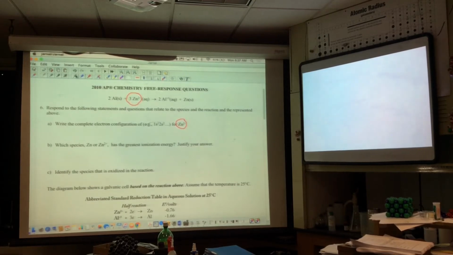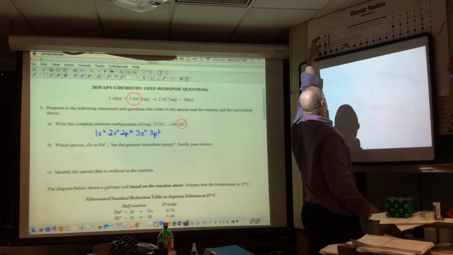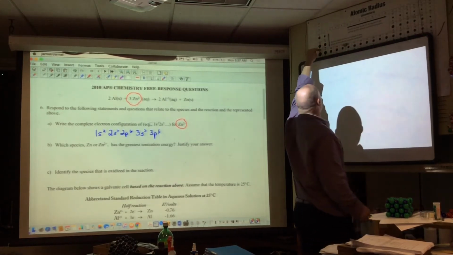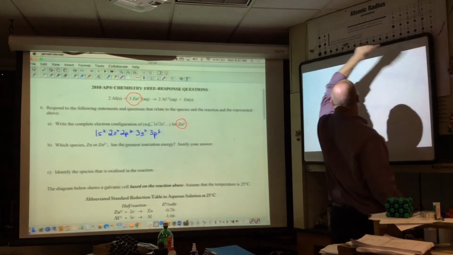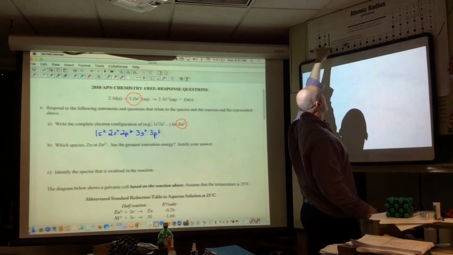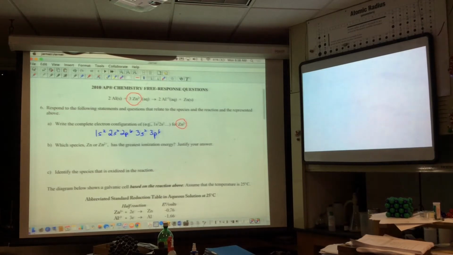I would go 1s2, that's hydrogen helium, 2s2, 2p6, 3s2, back in the S block, 3p6, argon, 4s2, and now this is 3d10, and that would be for zinc, but they asked for what?